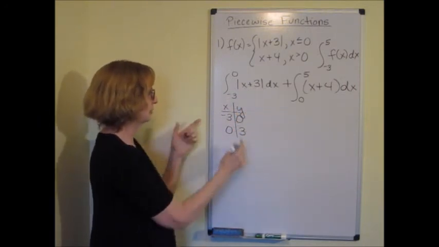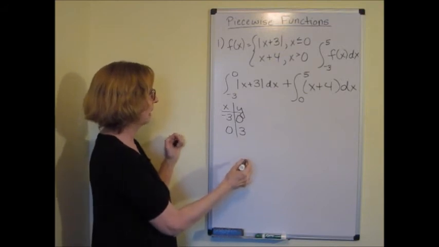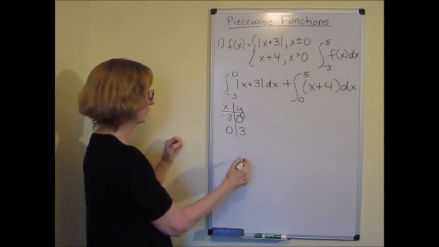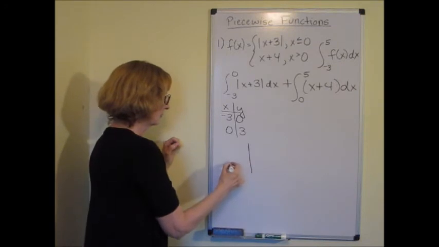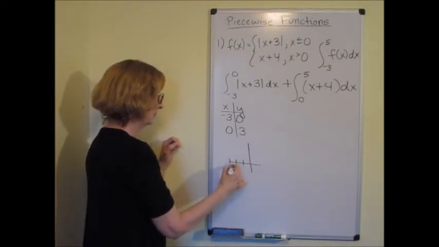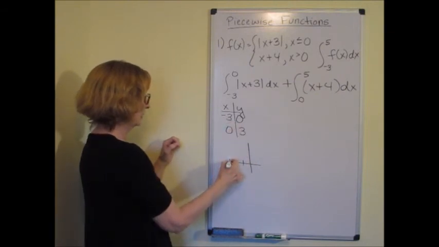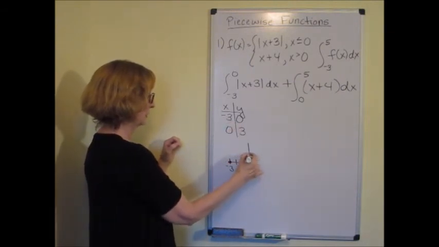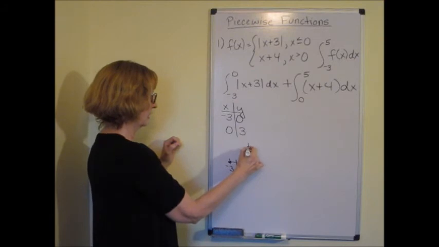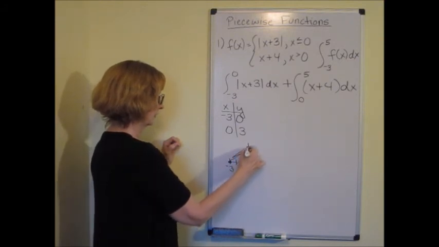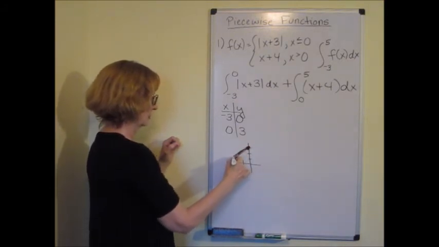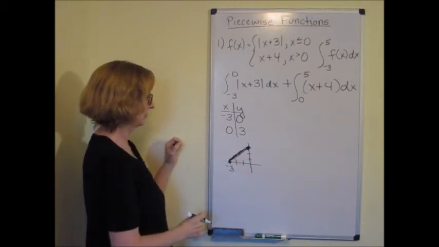So these are just points on that. And that graph would look something like this. From negative 3 to 0, I've got (negative 3, 0), and then (0, positive 3). It's a triangle, which we know we can find that area.